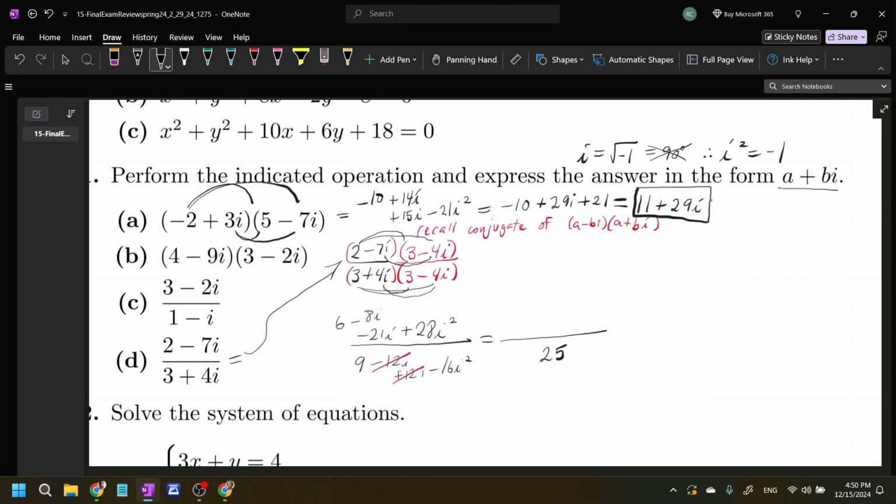Okay, remember i squared is negative 1, so this is really minus 28. So we have 6 minus 28, which I'll write as negative 22. That comes from the 6 plus 28i squared. And then we've got minus 8i and minus 21i. So combining those two should give us minus 29i.